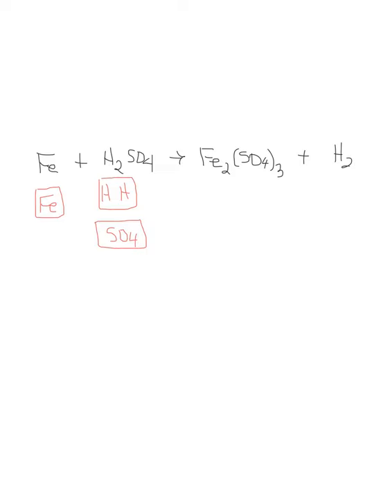Alright. And then I'm going to draw my line separating my reactants from my products. Here I have 2 iron. I'm going to go ahead and separate those out, but I'm going to put them in one box.